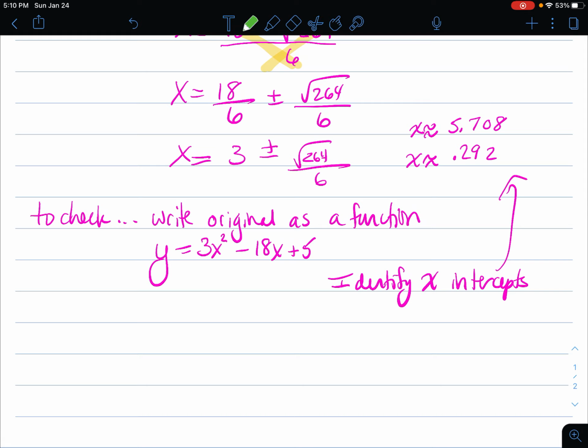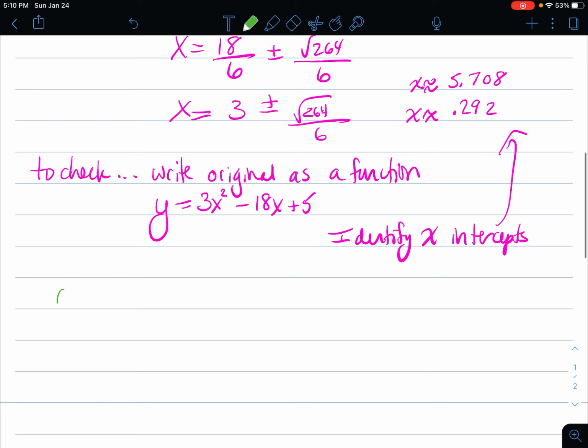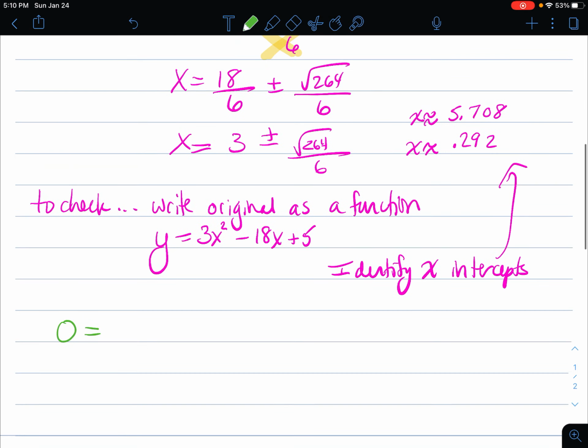Okay, so the next thing we're going to do is complete the square. So you're going to write down that equation again. We'll have 0 equals 3x squared minus 18x plus 5.